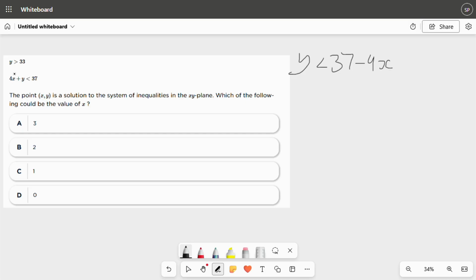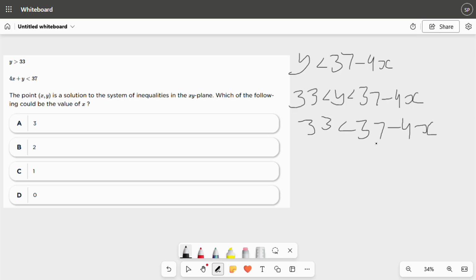Okay, so we can see where x is in between, and so that means we can do 33 is less than y, which is less than 37 minus 4x. And since y is in between these two numbers, we can do 33 is less than 37 minus 4x. And from here we can find the value of x. So if we subtract 37 on both sides, that'd be minus 4 is less than minus 4x.